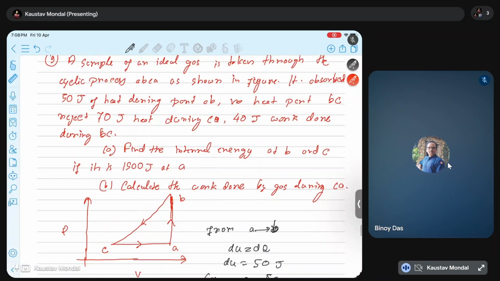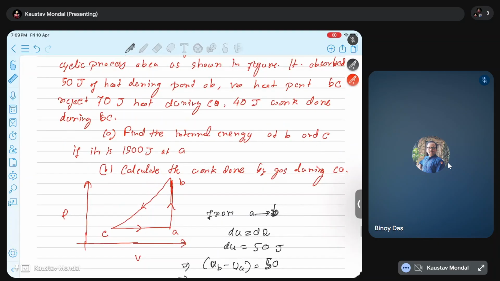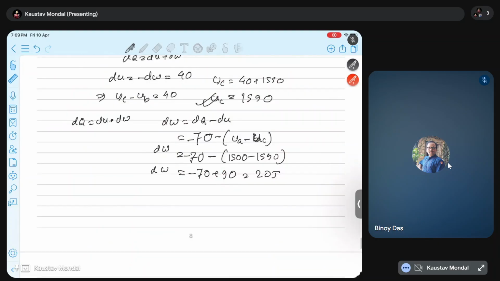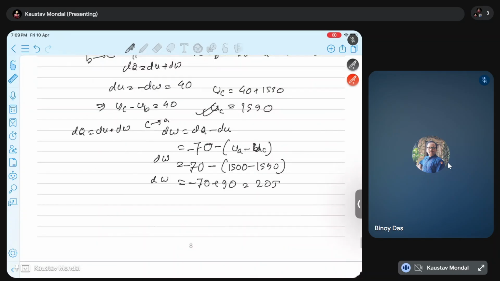Rejected means this would be minus. So minus 70 plus 90 will be 20 joule. dW is 20. So the total work done during the process CA is 20 joule. Okay.